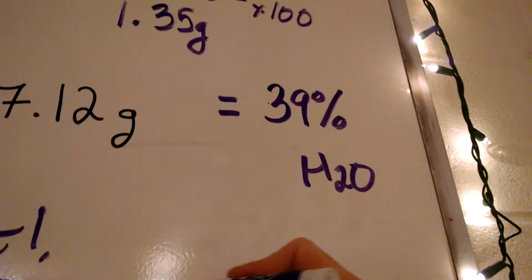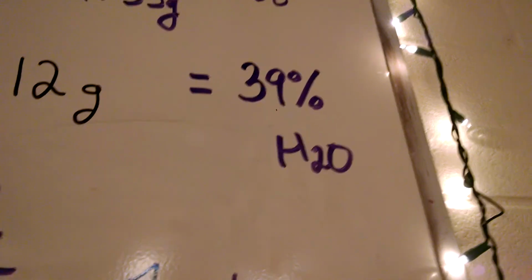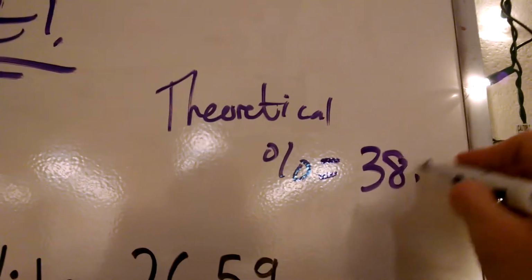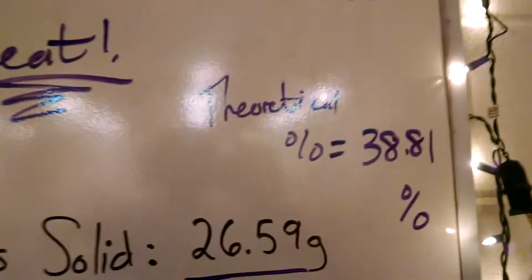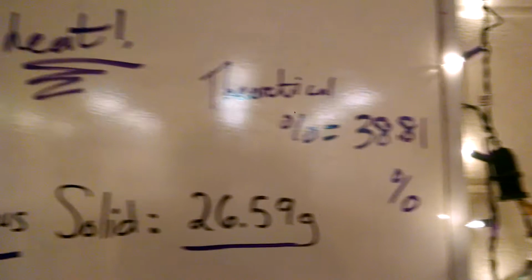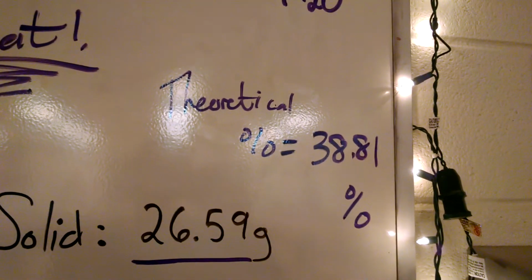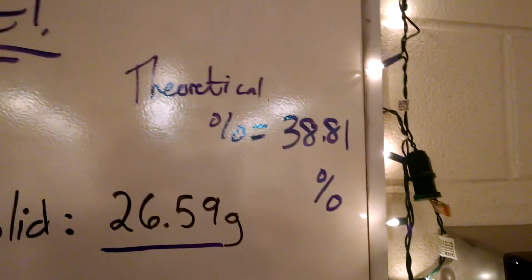The actual percent water, in other words, the theoretical percent water, actually is 38.81%. If you were, again, to use that sodium sulfate pentahydrate and actually just calculate the percent water using the formula, you get 38.81%.